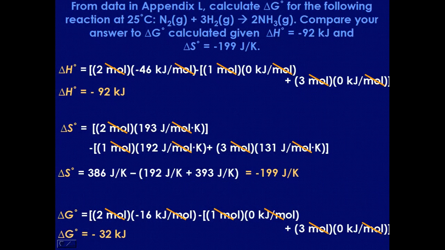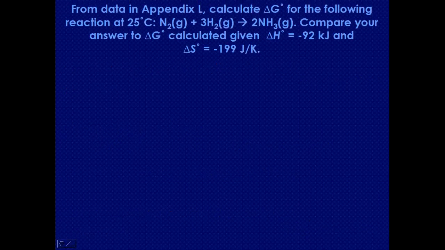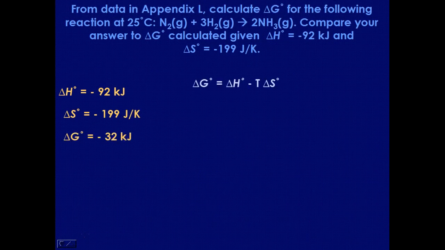Now, once you've calculated the delta H and delta S, you don't necessarily have to use that to calculate delta G separately. You can use the delta H and delta S to calculate it using delta G equals delta H minus T delta S. So those are the values I got from the previous slide.